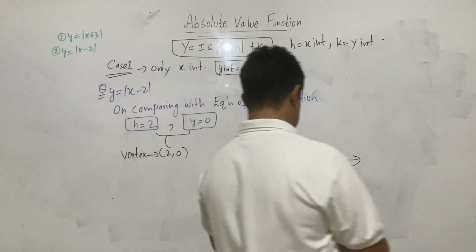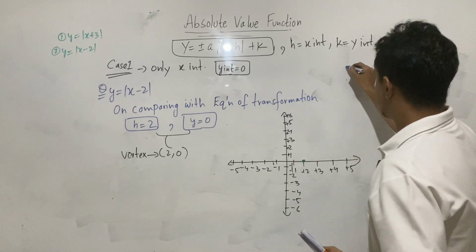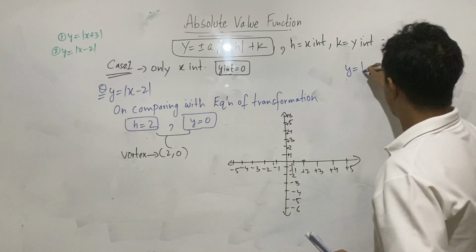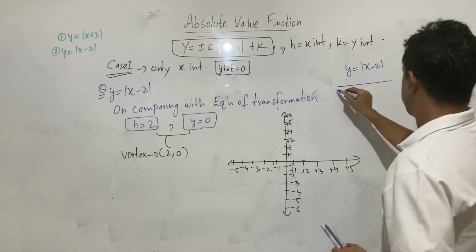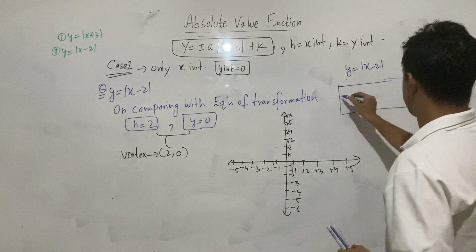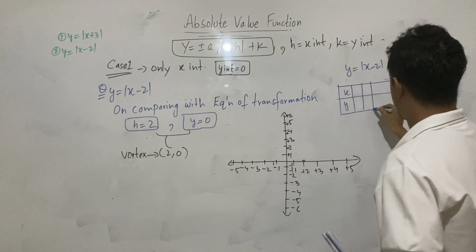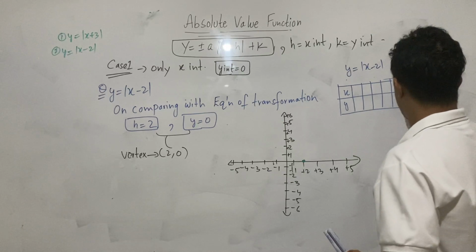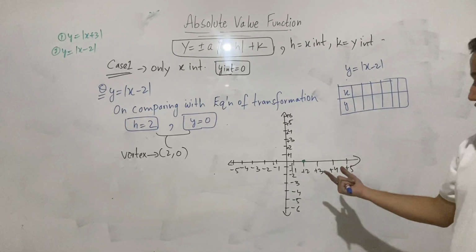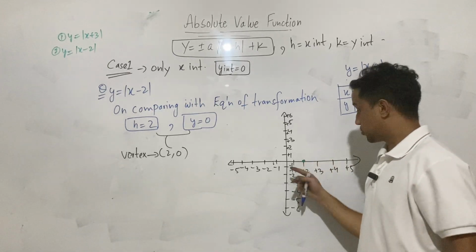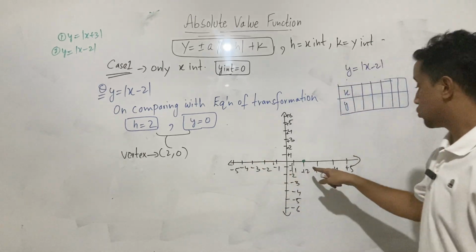Okay, so what I will do now is write it here, y equals modulus function of x minus 2. Okay, and here I will just put in the values, here x, here y. Now see here, I will take some values that lie to the right of 2 and some values that lie to the left of 2. Okay, so let's start with the right.